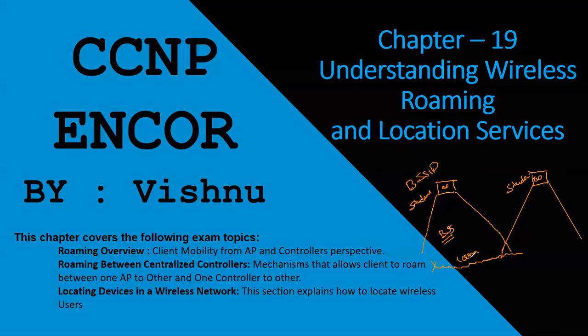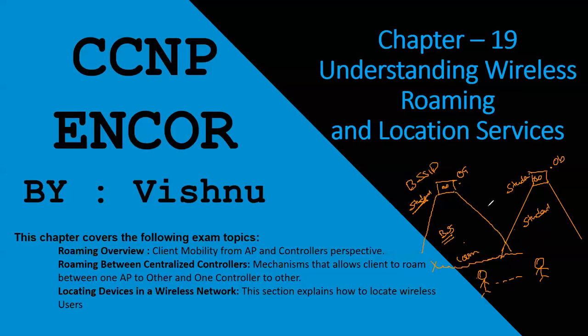The wireless MAC address to which the guy standing here was connected will be something like maybe ending with 0A. A normal wireless MAC address looks like a normal MAC address, and he is connected to the student SSID. When he moves all the way to here, he gets connected to a different wireless MAC address, maybe ending with 0B, but he still gets connected to the student Wi-Fi name only.